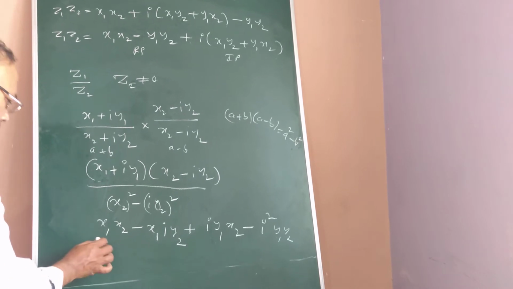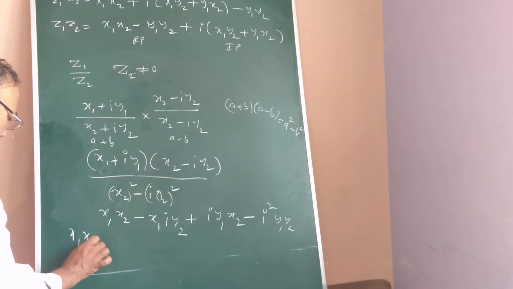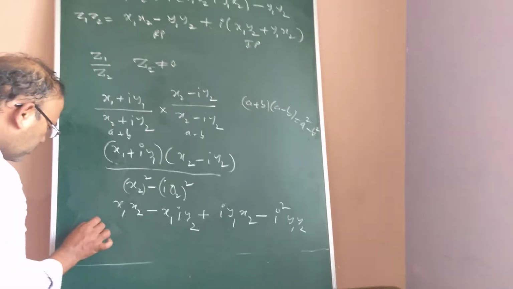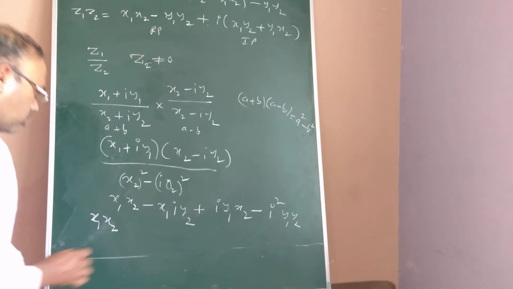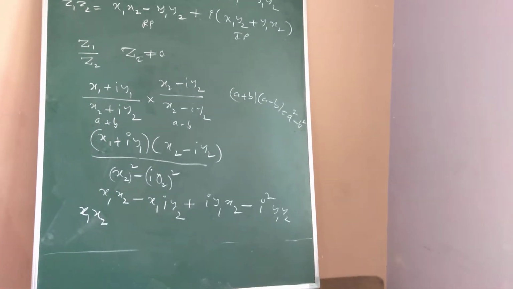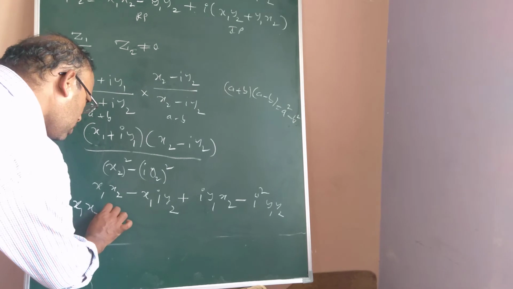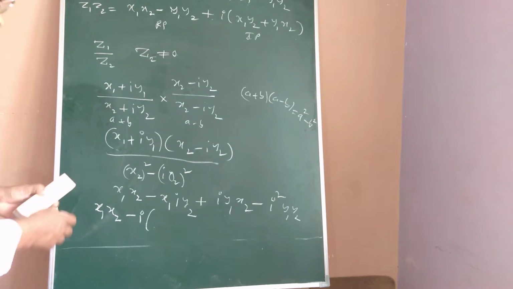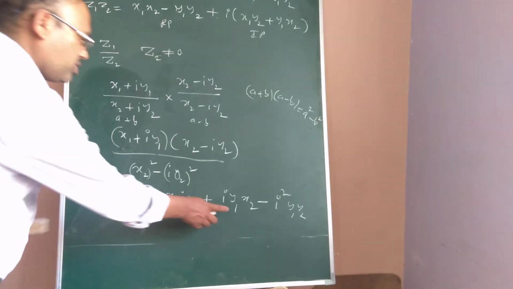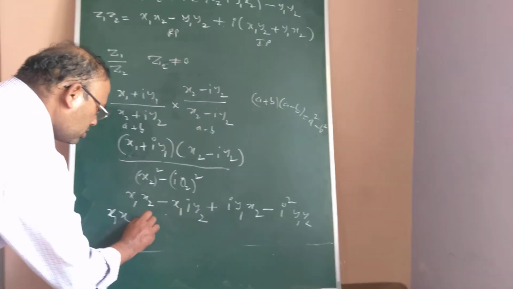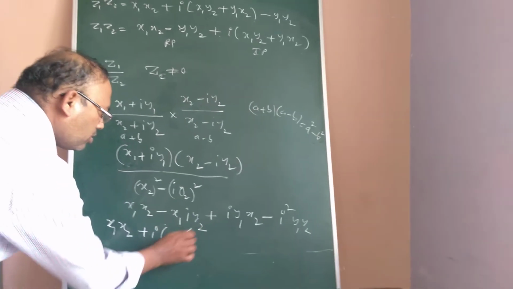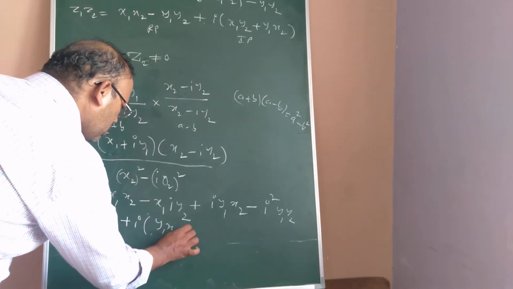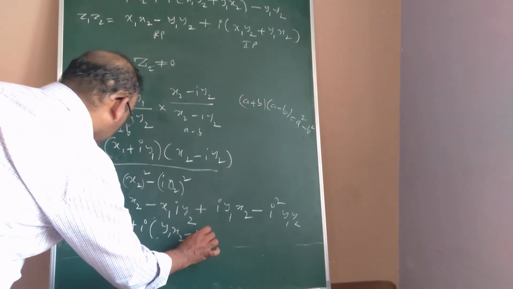Now x1 x2, you can take i common, or you can rewrite this as i into (y1 x2 minus x1 y2).